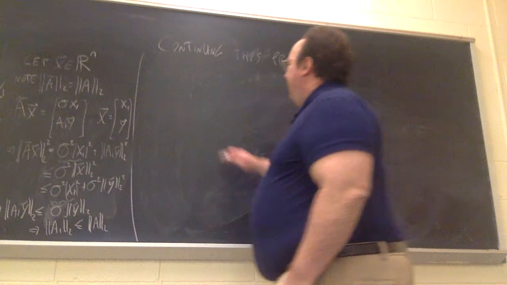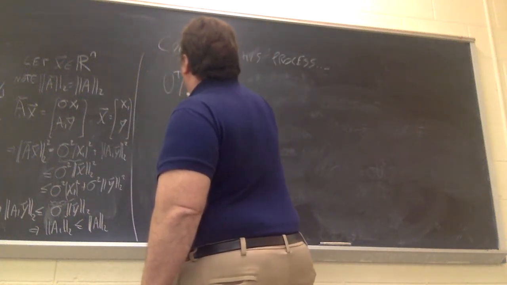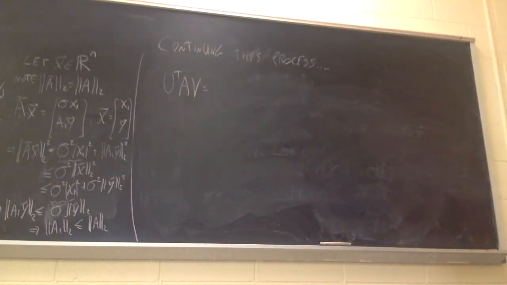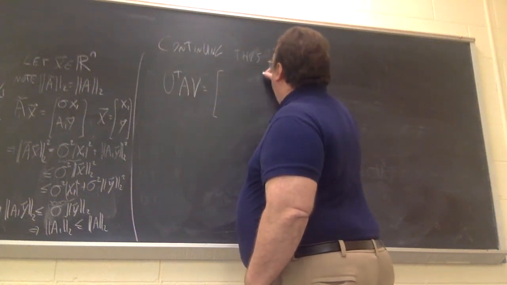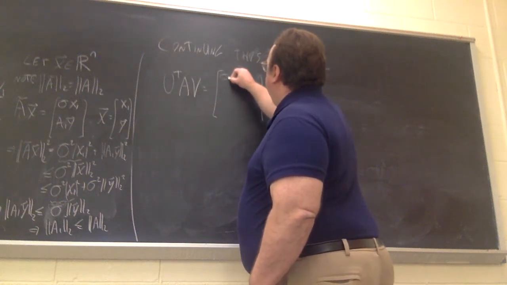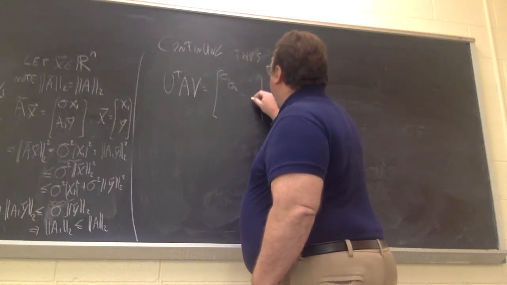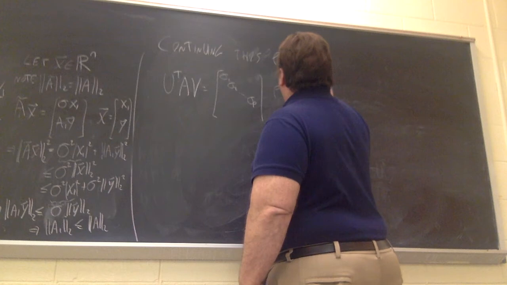So what we get is U transpose AV. In other words, I keep applying Householder reflections on the left and right, so they keep accumulating. And what I get is a diagonal matrix with diagonal entries sigma 1, sigma 2, and so forth, down to sigma p, where p is the minimum of m and n.